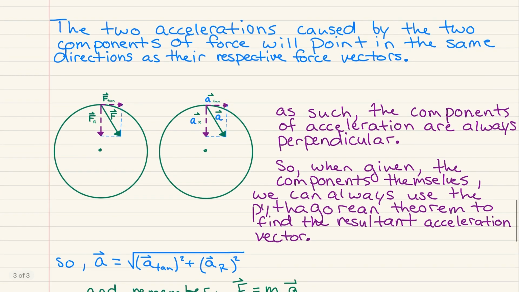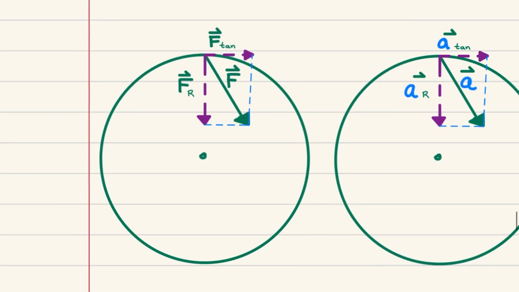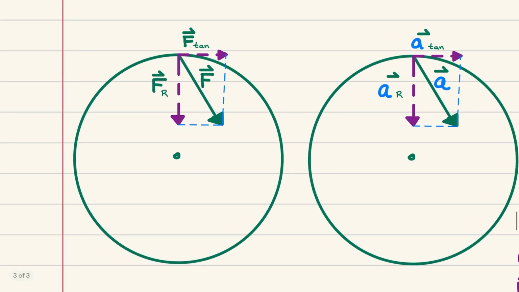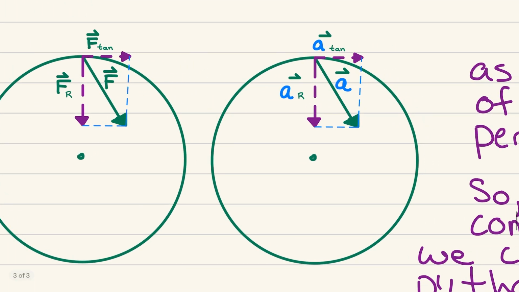The two accelerations caused by the two components of force will point in the same directions as their respective force vectors. We know this because F equals ma, Newton's second law, is just a scalar multiple, so acceleration always points in the same direction as the force. So what I'm saying is that a free body diagram breaking up the force into its components will look very similar to a free body diagram breaking up the acceleration into its components.